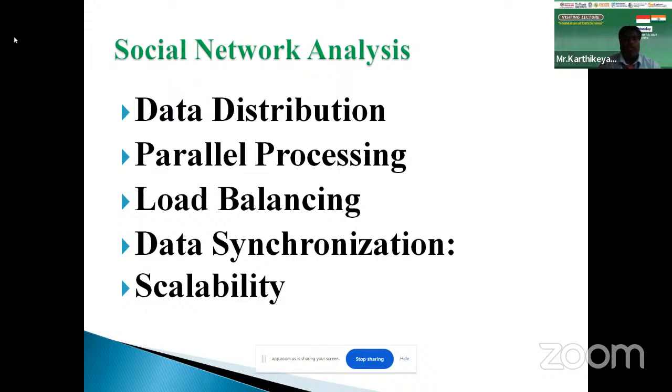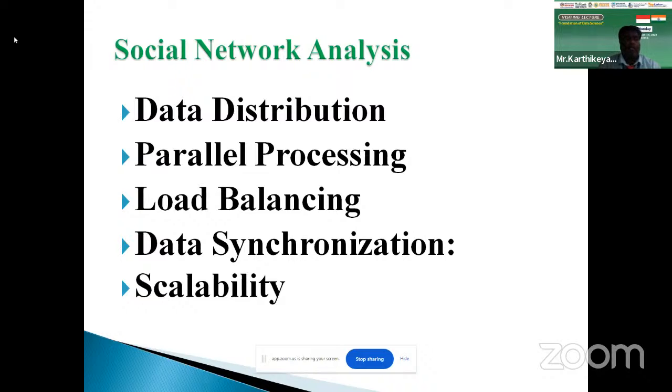The third is load balancing. Load balancing distributes incoming requests across multiple servers to ensure that no single server becomes overwhelmed. That is load balancing. The next is data synchronization.